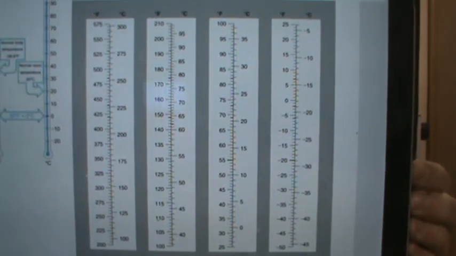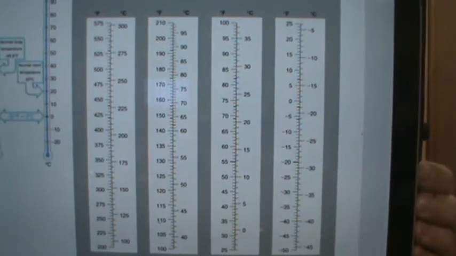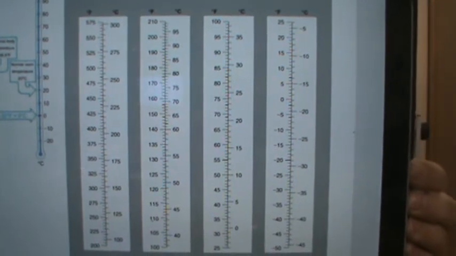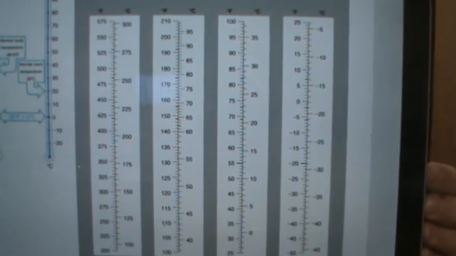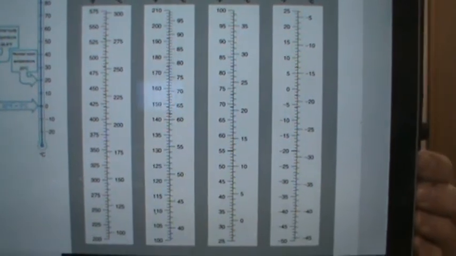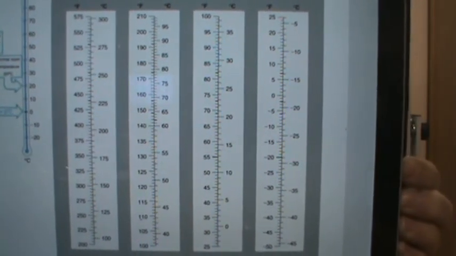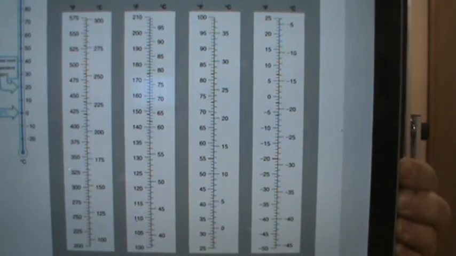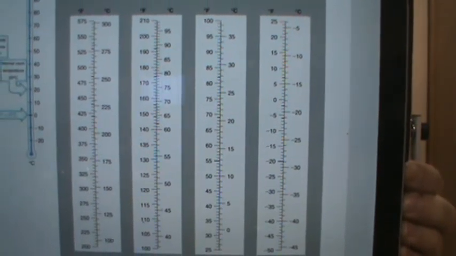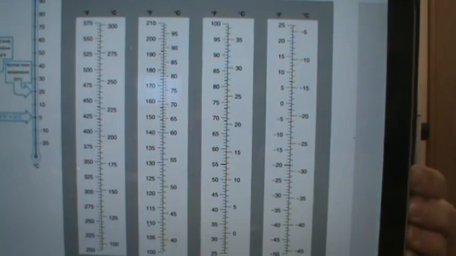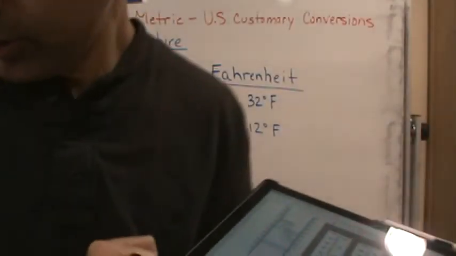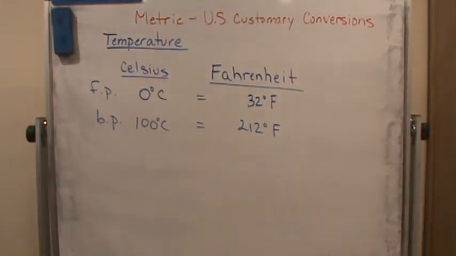Notice at the top, each bar gives the Fahrenheit scale on one side and the Celsius scale on the other side. So all we would do is find 50 degrees Fahrenheit and then look over and see what the approximate measurement is for Celsius.